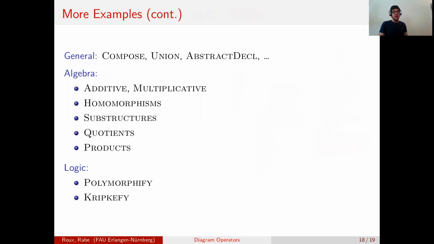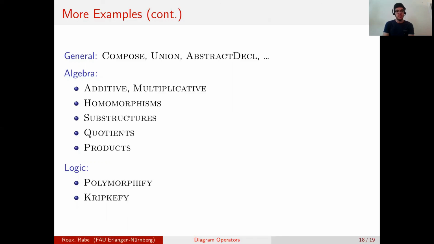Right. And then we got some more examples, which we won't present in this talk for time reasons. We can compose diagram operators. We can union diagrams and more. In the universal algebra world, we can build up the theory of homomorphisms. So given a theory, say of monoids, we can automatically build the theory of homomorphisms of monoids.